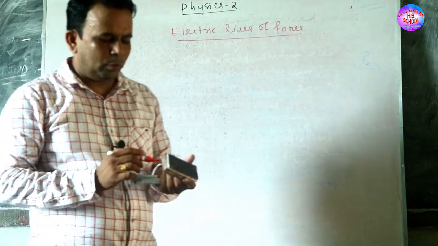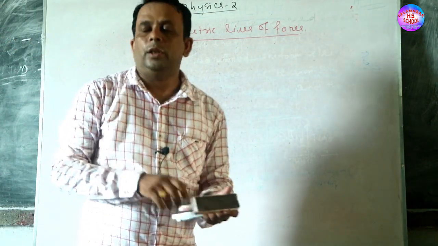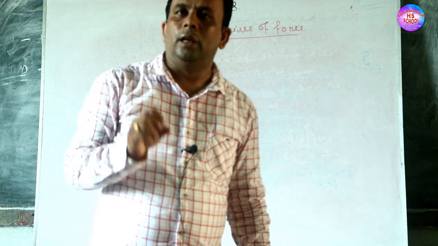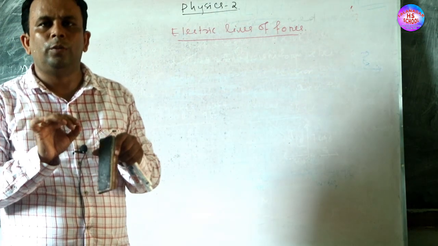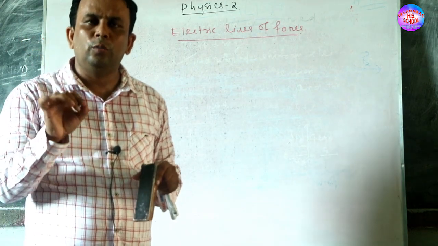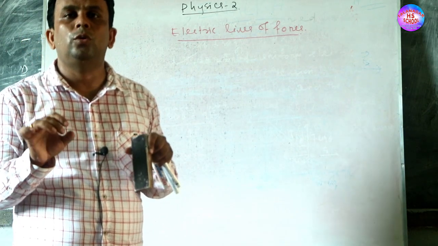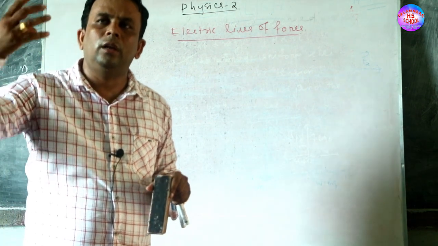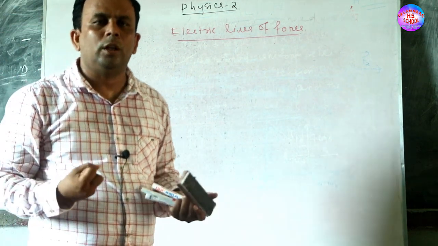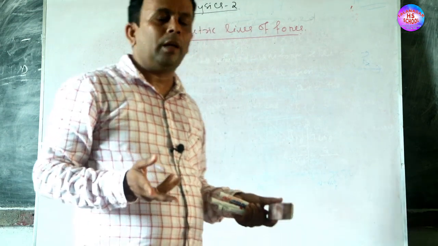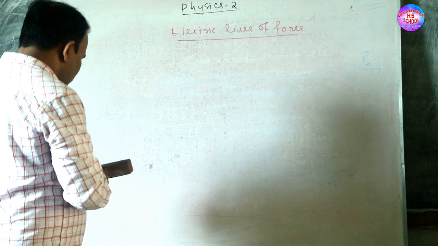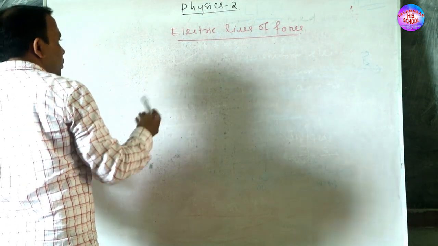Electric lines of force is defined as the path, may curve or straight, along which the unit positive charge tends to move when free to do so in an electric field. The imaginary path that a freely moving unit positive charge follows in an electric field is called electric lines of force. That is electric lines of force.